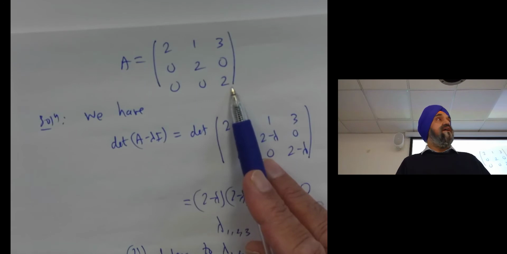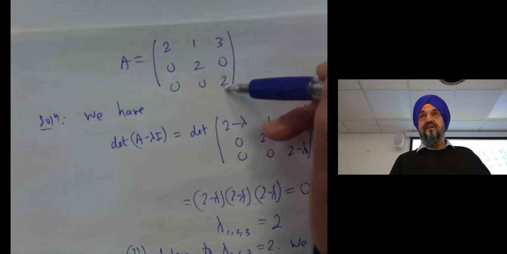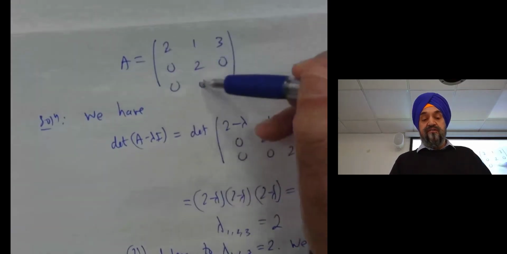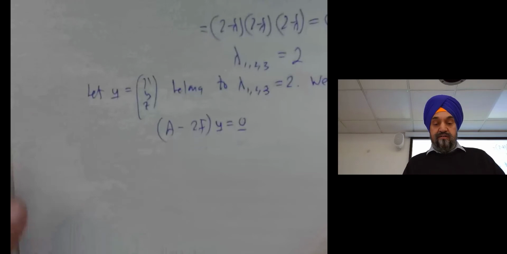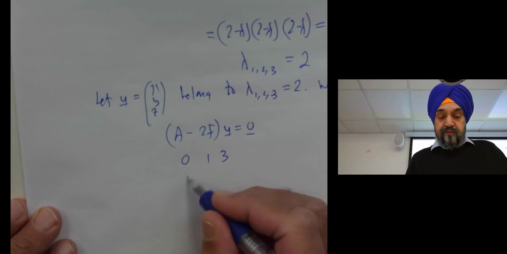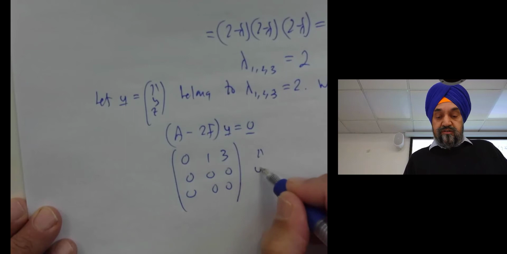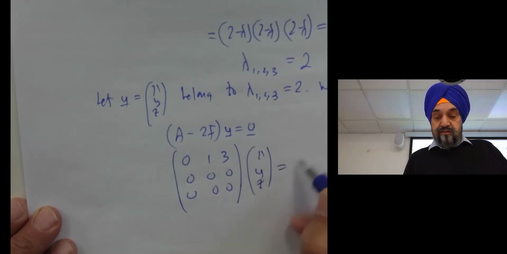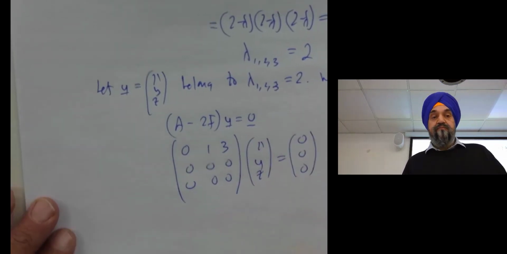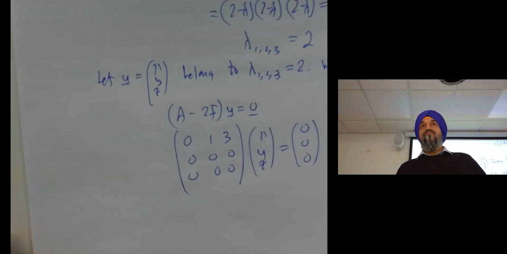Take away 2 on the diagonal, so you get 0, 1, 3; 0, 0, 0; 0, 0, 0, times (x, y, z) equal to (0, 0, 0). The bottom two rows are useless to you. They say 0 is equal to 0.